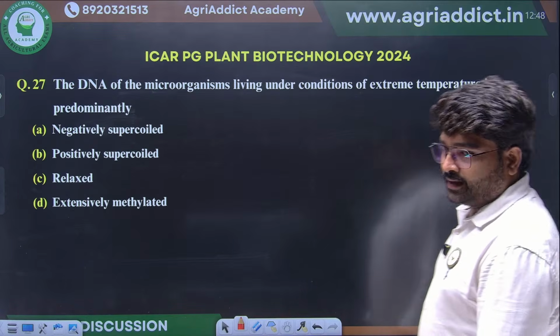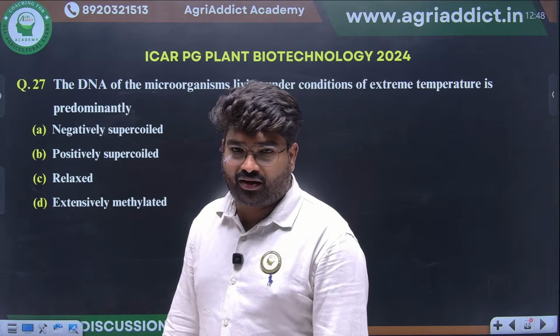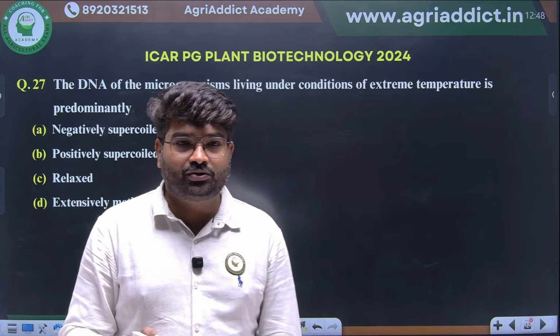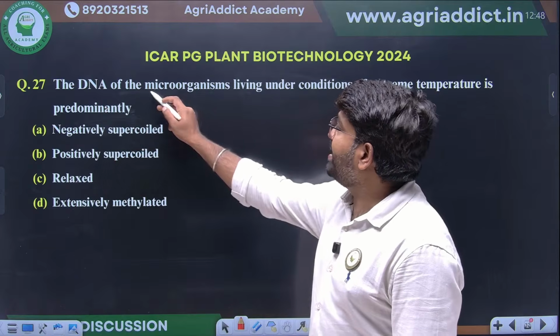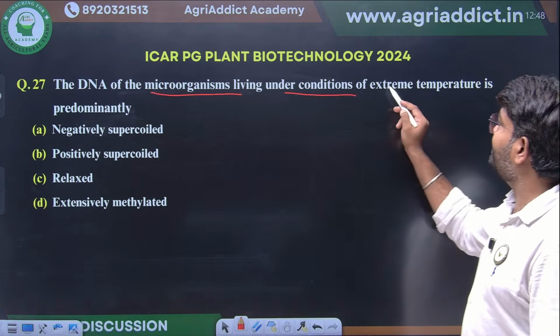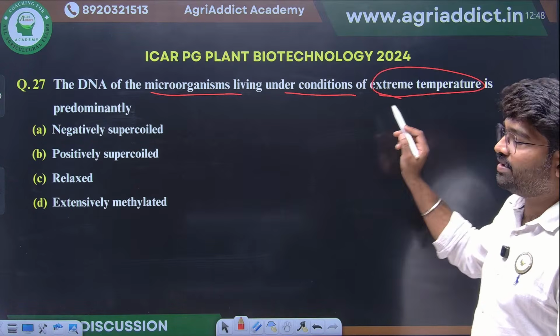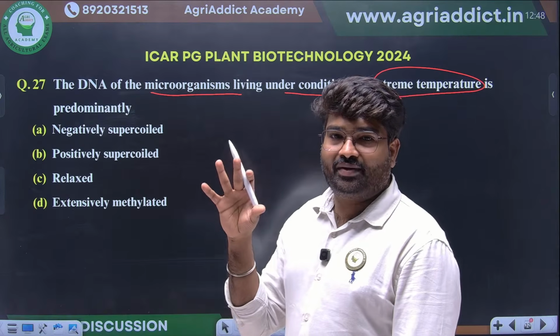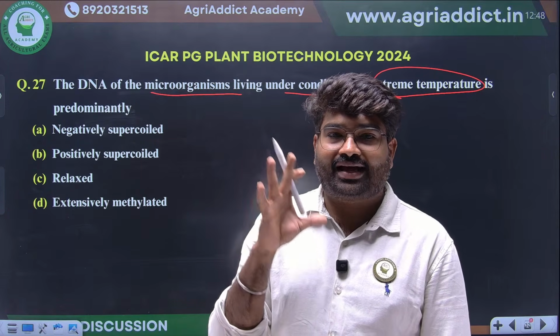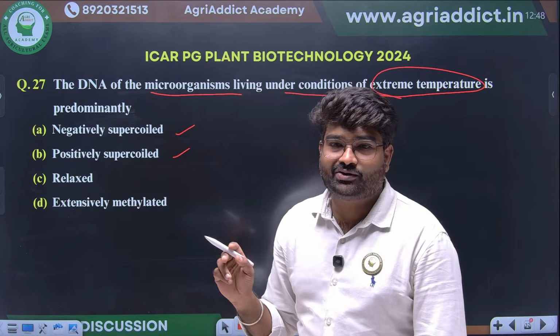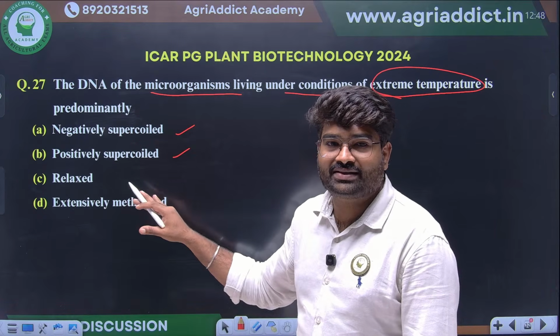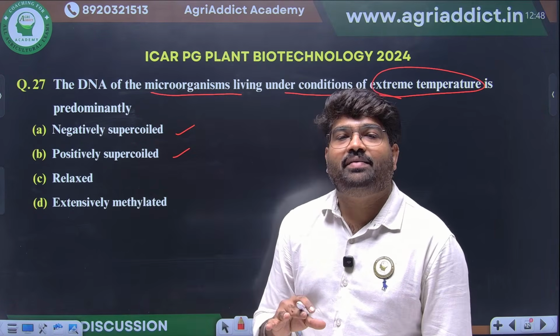Another thing, they have asked a question related to DNA supercoiling. The DNA of microorganisms living under extreme temperature will predominantly have which of these: negatively supercoiled, positively supercoiled, relaxed, or extensively methylated DNA?